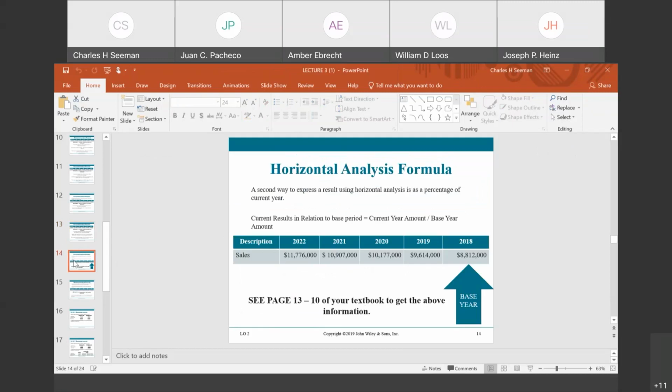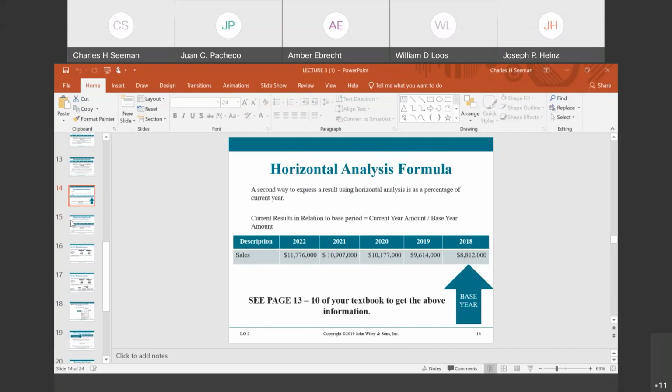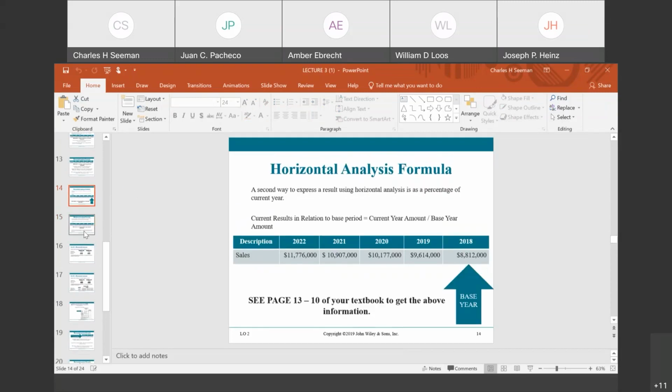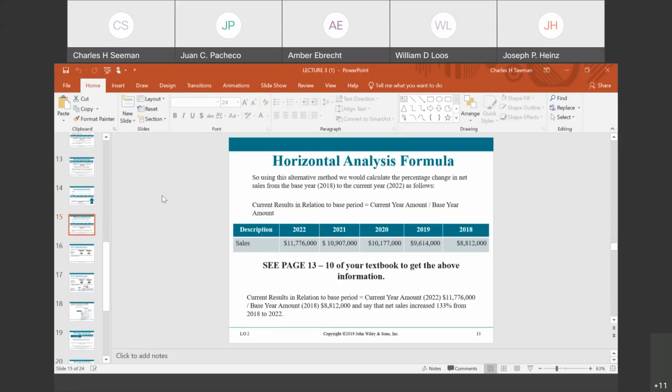Another example, sales. Again, 2018, in every situation, the first year given is the base year. Regardless of the information given, whatever the first year is, that's the base year. And you would calculate the same way.